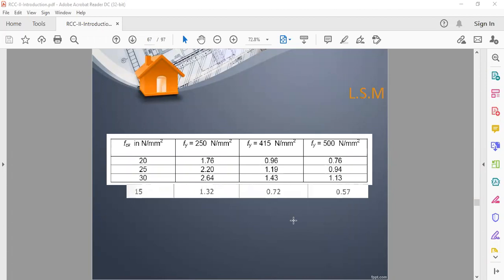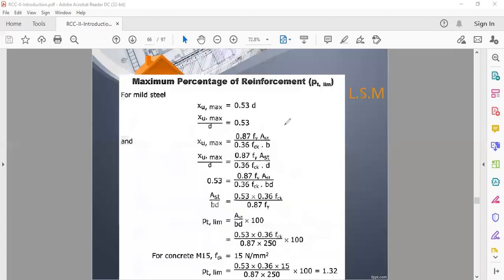So if we look at that, this percentage of reinforcement depends upon this formula, and in this formula, if you replace it with different grades of concrete, say M15, M20, M25, M30, and so on.